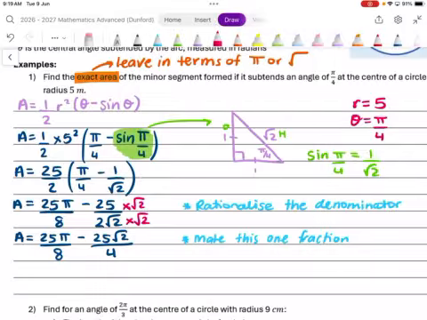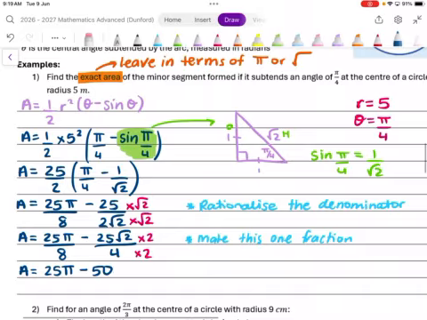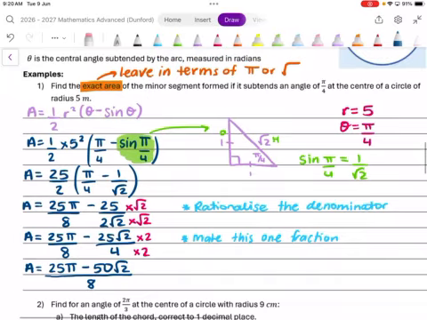So we need to times that second fraction by 2 so that they'll both have the denominator of 8. So our area will equal 25 pi minus 50 root 2 all over 8. And then we just need our units. Our radius was in meters, so our area is in meters squared.